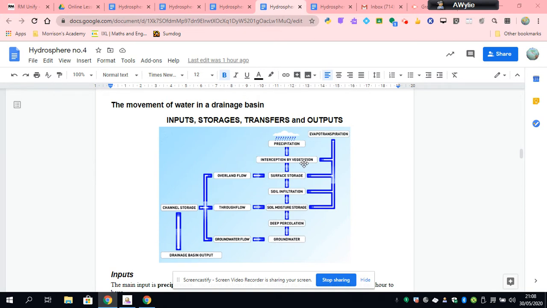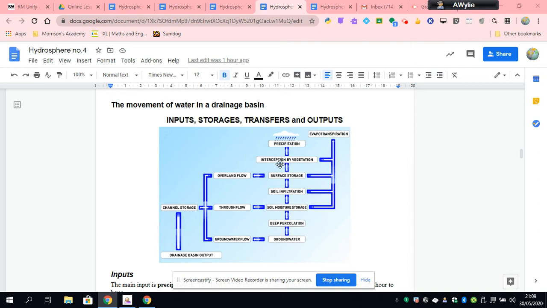This is where the leaves of plants stop the rain getting to the ground, and very often the roots of those plants will then absorb that rain. What can happen at that stage is if the plant then warms up, evapotranspiration or transpiration can happen, which is where the moisture in the plant is evaporated back into the atmosphere.